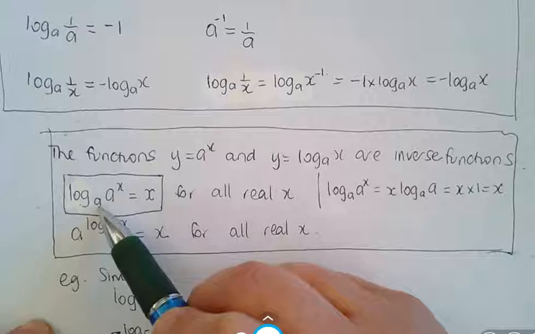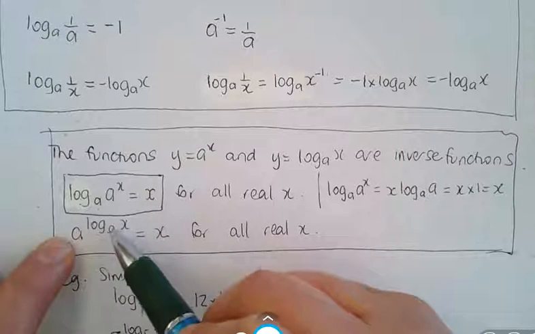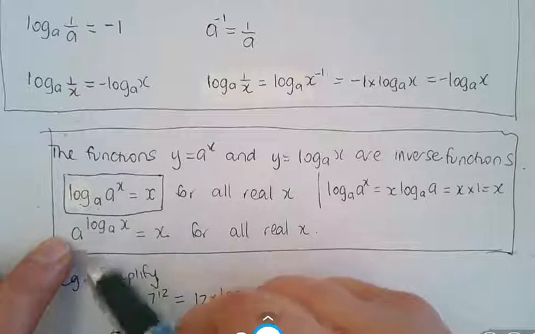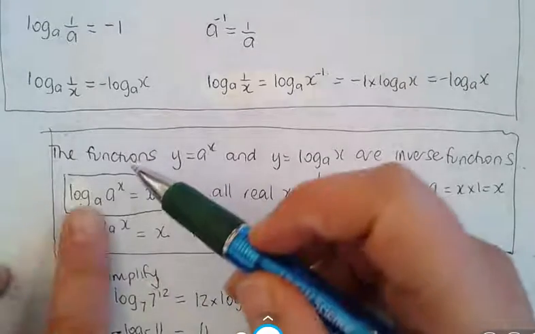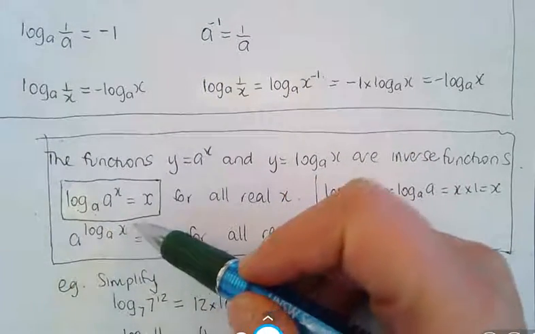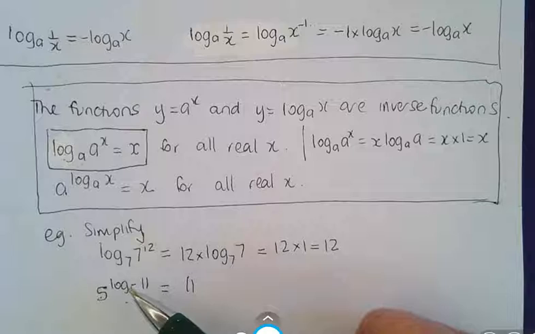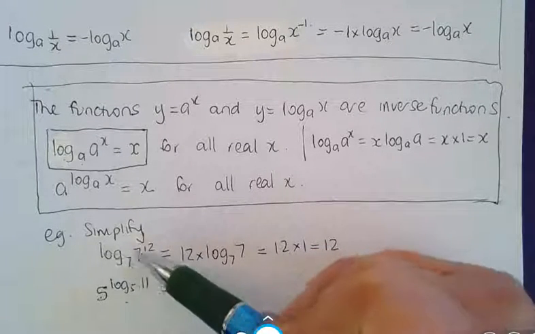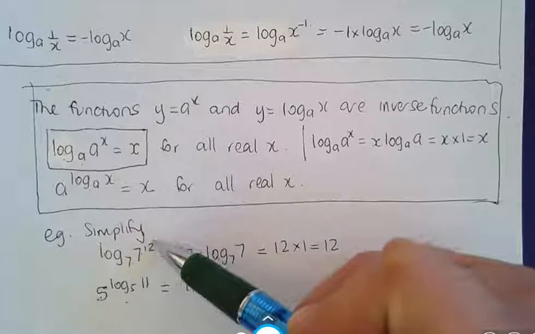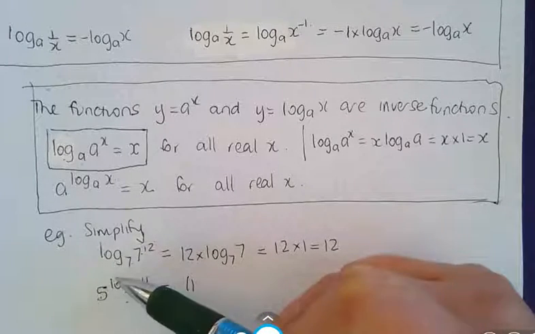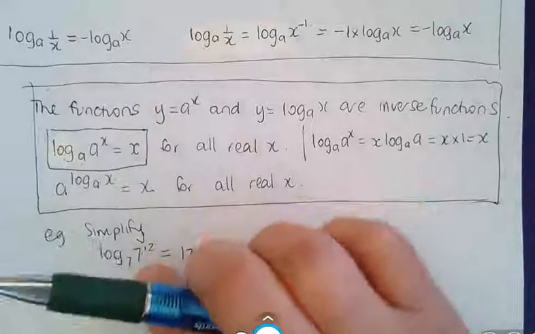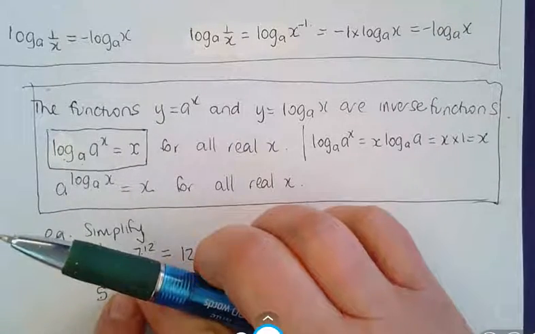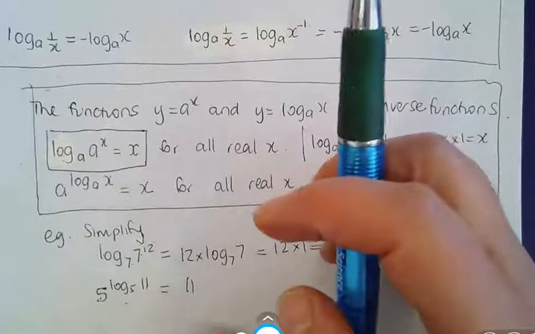Instead of log to the base a being first, it's a to the power of log to the base a. They're inverse operations of each other. They just cancel out, so I'm just left with x. So if you see log to the base 7 of 7 to the power of 12, they're inverse operations. That all cancels. You're just left with 12. If you see 5 to the power of log to the base 5, they are inverse operations. They just cancel each other out. You're left with 11.